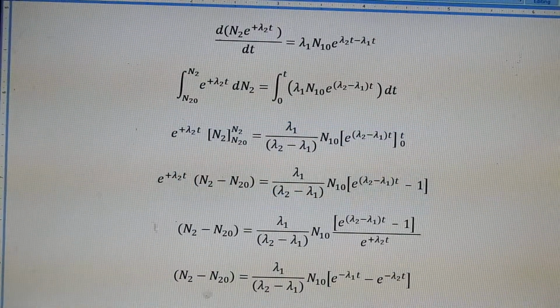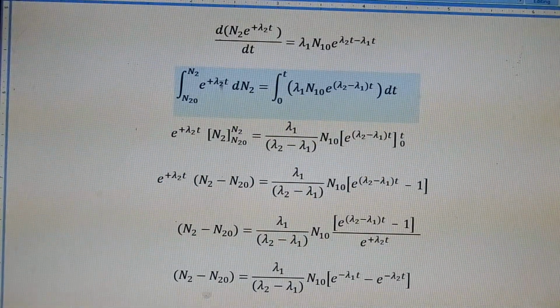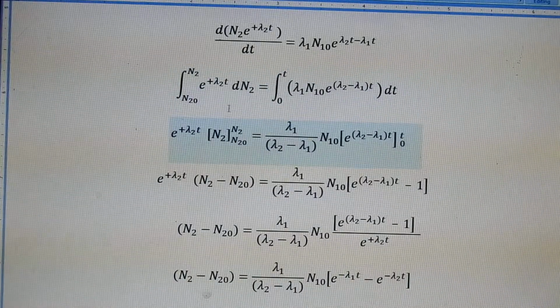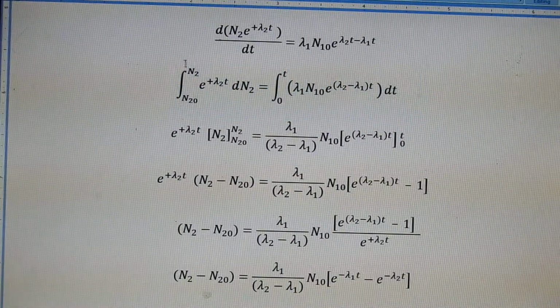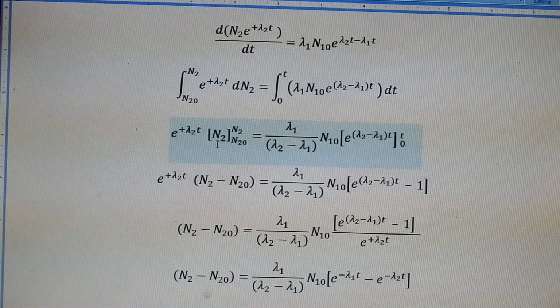So here I can write, this is not integrable, so we write it outside, and the integration of dN2 from N2₀ to N2 is equal to N2.